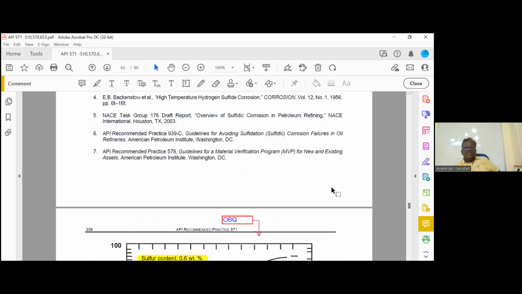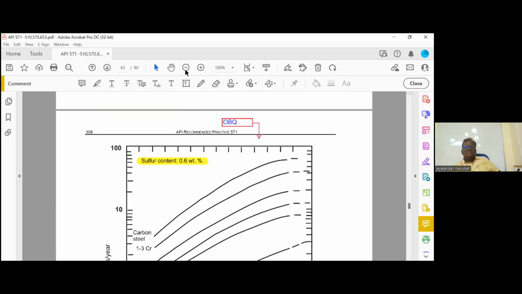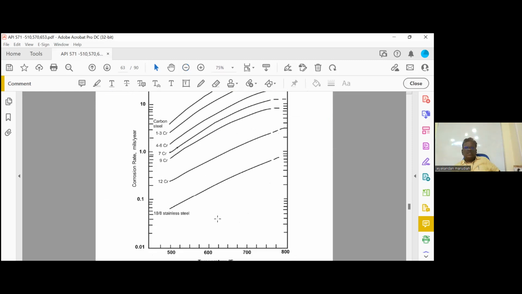Now, there is a graph here. Sometimes there may be a question from this graph. So how to answer this? You can see here, carbon steel, 1 to 3 chromium, 4 to 6, 7 like this. So if the temperature is 600 degrees Fahrenheit and the chromium is 9 chromium, what will be the corrosion rate? We have to match like this.